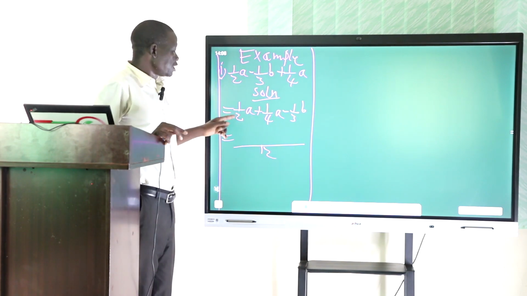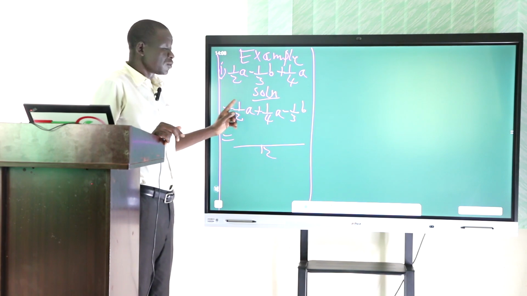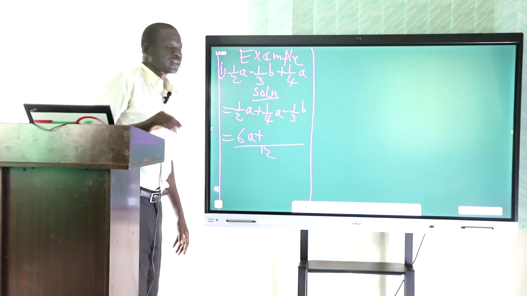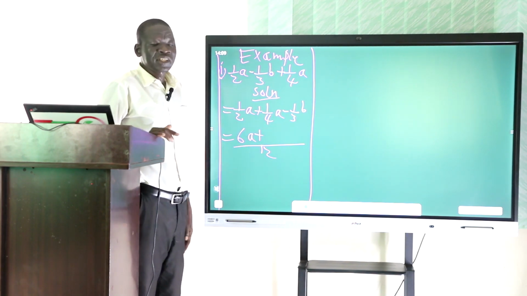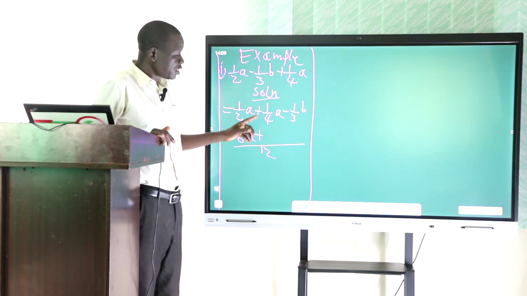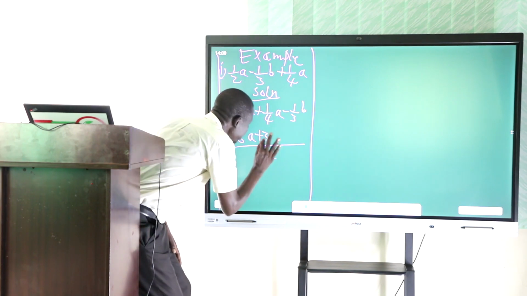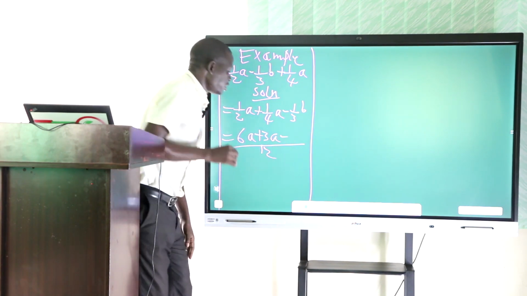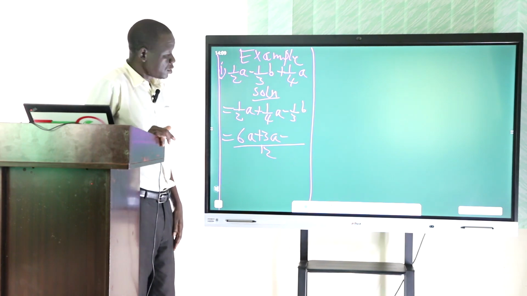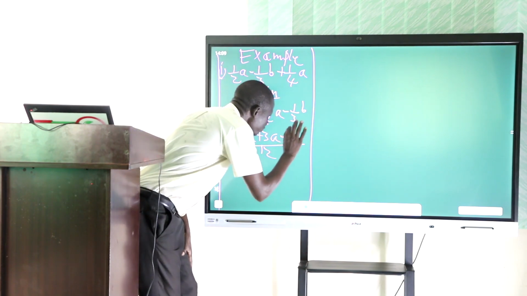So 12 divided by 2, we get 6. And the 6 times 1A, you get 6A plus 12 divided by 4, we get 3. And the 3 times 1A, you get 3A minus 12 divided by 3, we get 4. And the 4 times 1B, you get 4B.